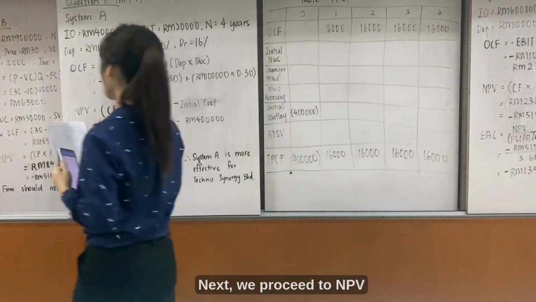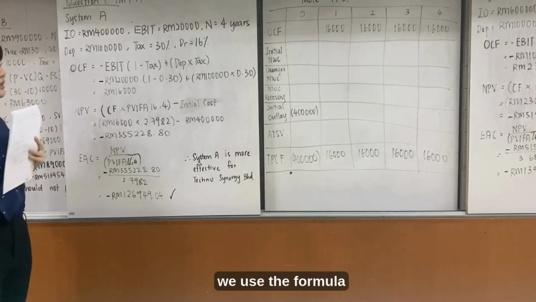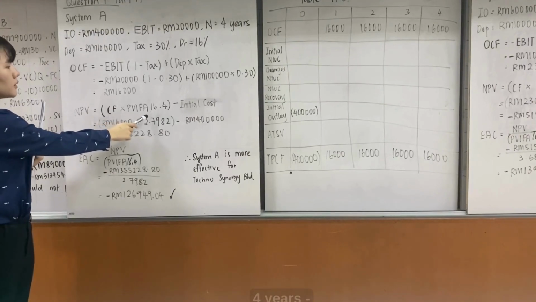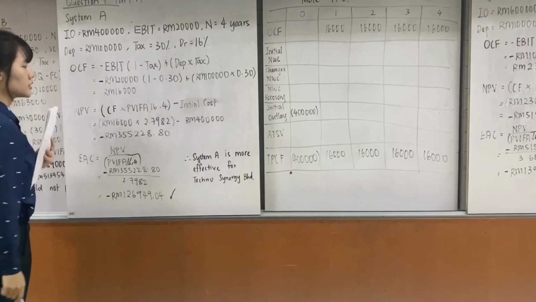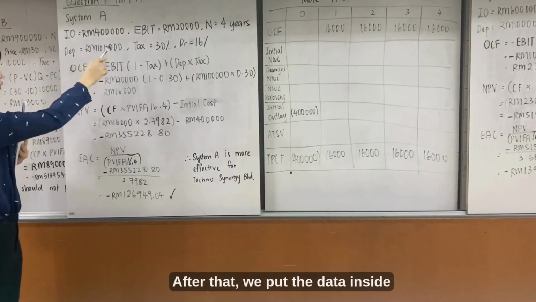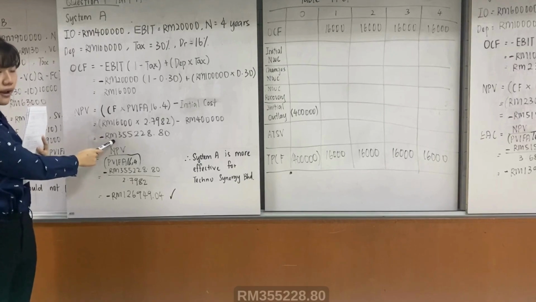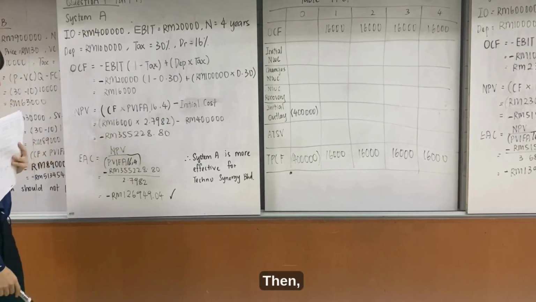Next, we proceed to NPV. To calculate NPV, we use the formula cash flow times PVIFA (16% discount rate, 4 years) minus initial cost. After we put the data in, the answer is negative RM 355,228.80.